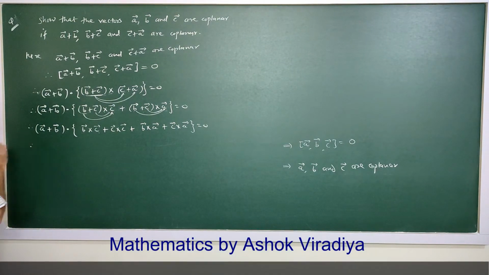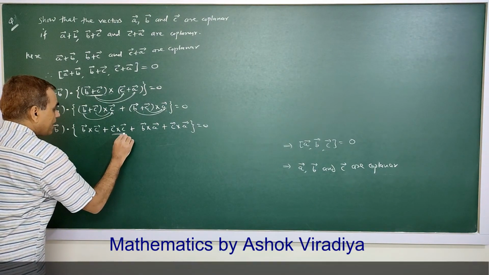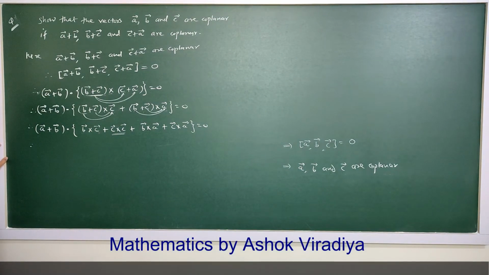Now here, this is 0 vector. We can put here 0. Or if you keep as it is, then also finally we will get the required answer. Let me put here 0.